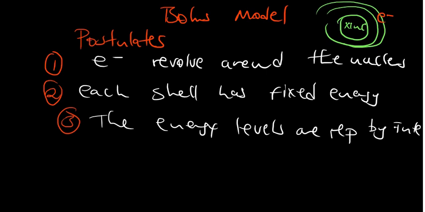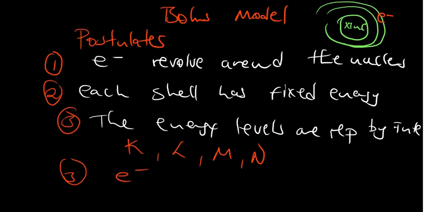The other thing that is also important is the orbits are assigned K, L, M, N shells. So K, L, M, N is also another way of representing these shells. And then the other postulate of Bohr is that electrons in an atom move from a lower energy level to a higher energy level by gaining energy, and from a higher one to a lower one by losing energy.